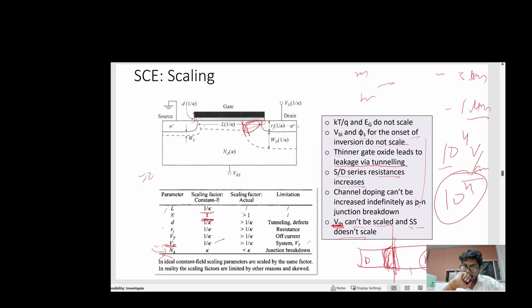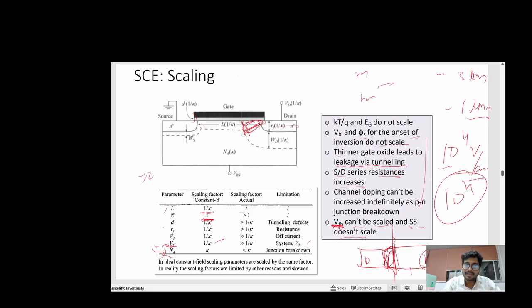So with the help of drain voltage, we can reduce the amount of gate voltage to conduct. But for longer channels, it is negligible. For shorter channels, it is sufficient, sort of comparable.